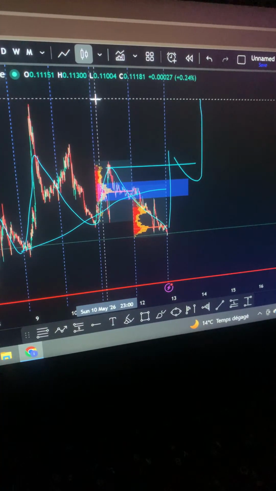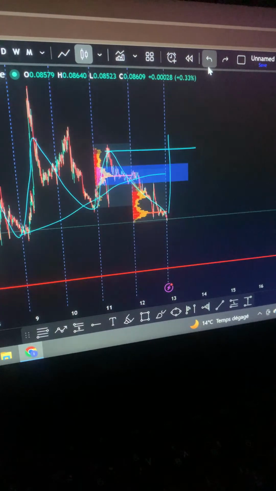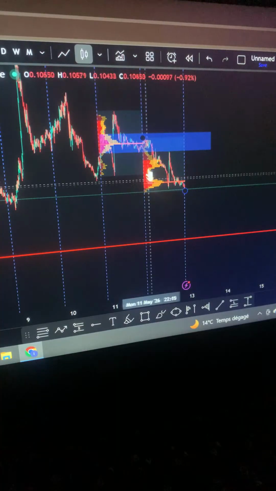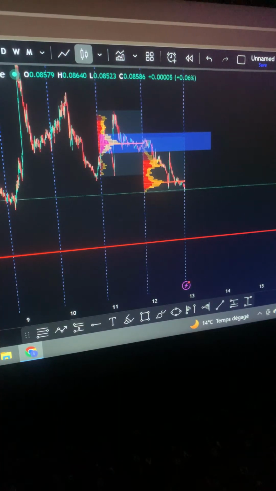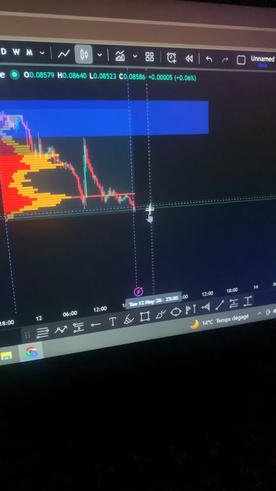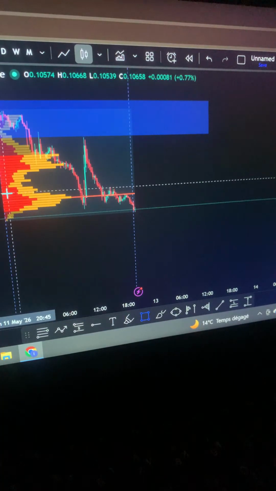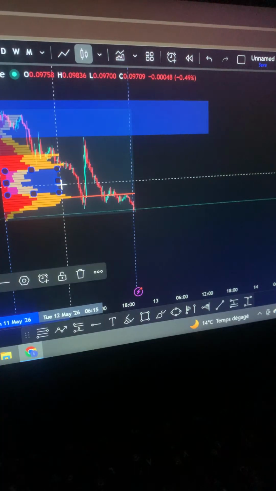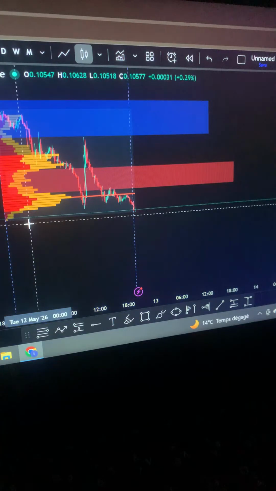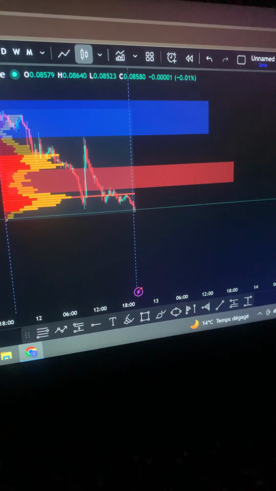If you want to anticipate the market with this B-shape profile, you have at least to wait for the market to come all the way to here, around those price levels. So this is your ideal entry.